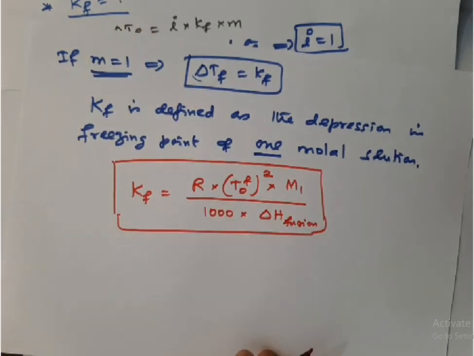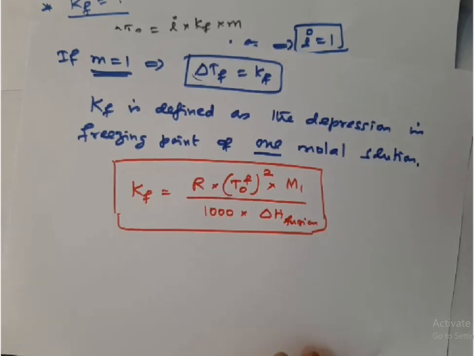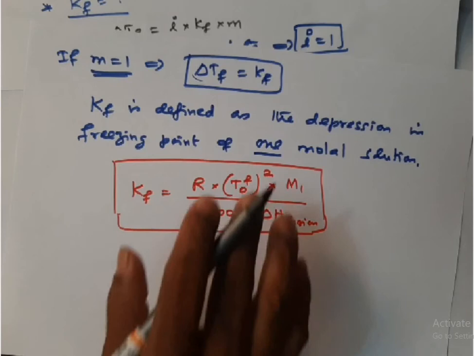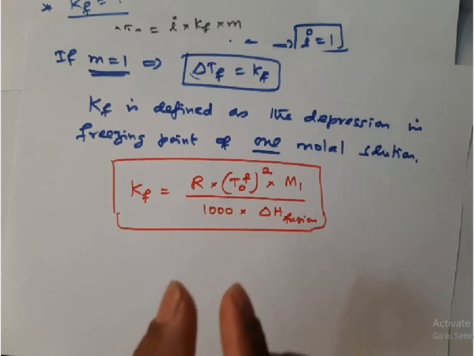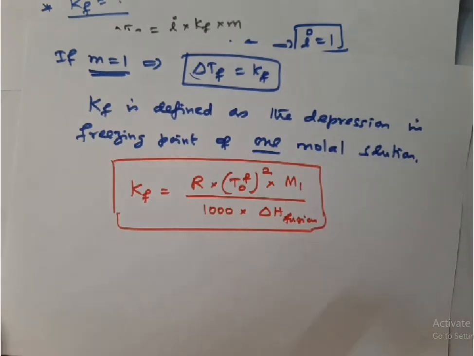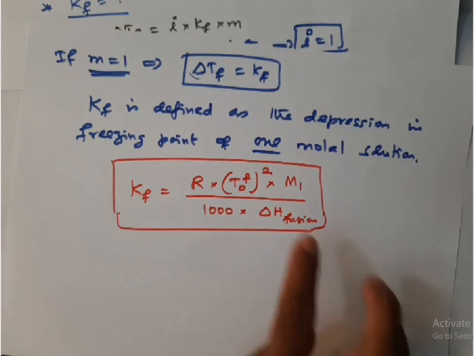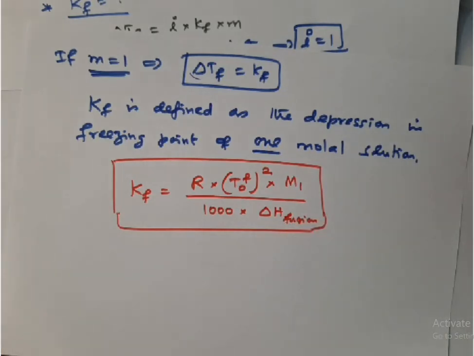That's nothing but the enthalpy of fusion at the freezing point. Take note, enthalpy of fusion is the amount of heat required to convert 1 mole of solid into liquid at the freezing point. Here we take the pure solvent. For the pure solvent, how much heat is required?